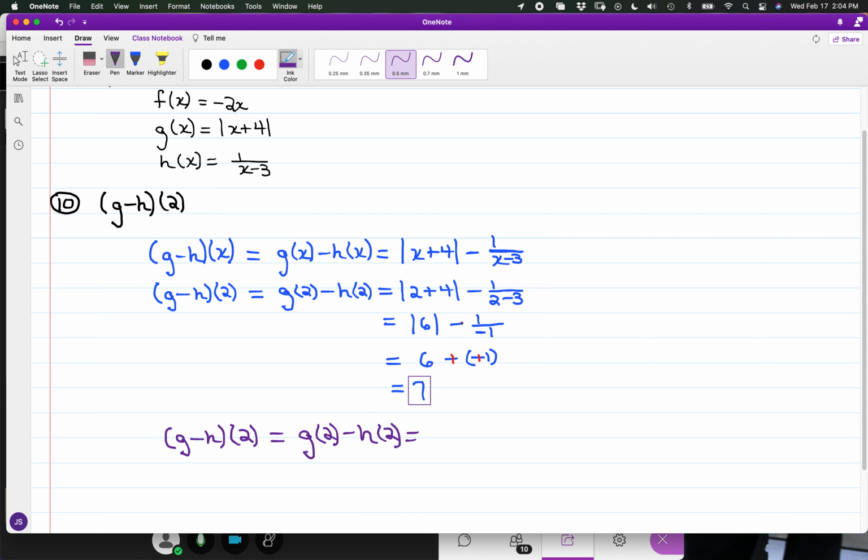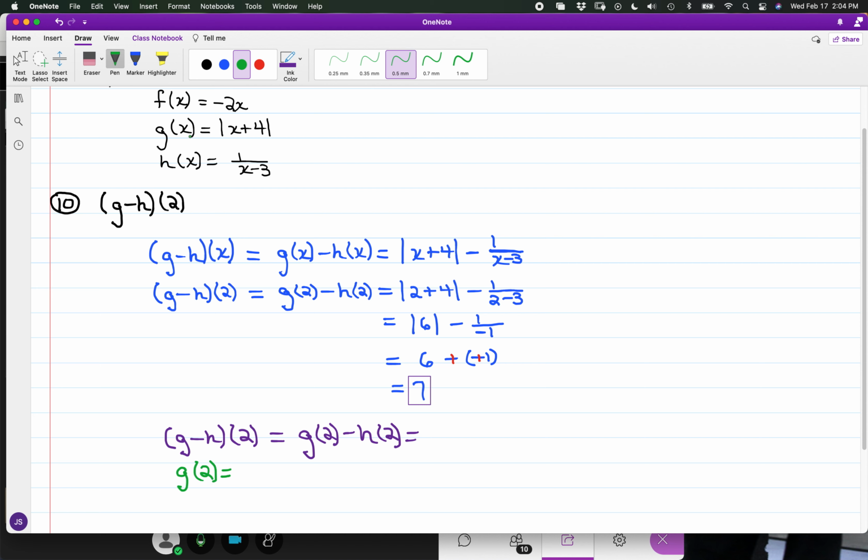And what we can do is that instead of arriving at the variable expression, we can go ahead and determine the values of g of 2 and h of 2. So if I move to the side, let's determine just what g of 2 is.